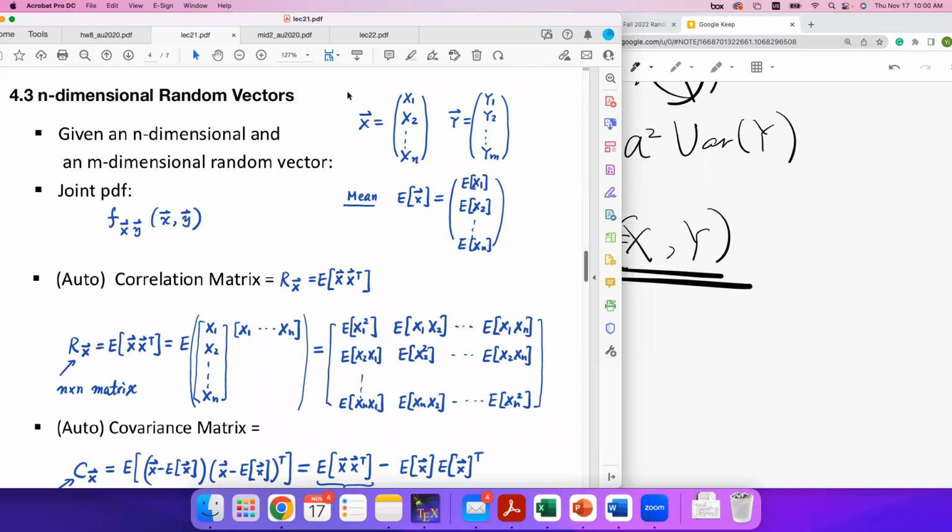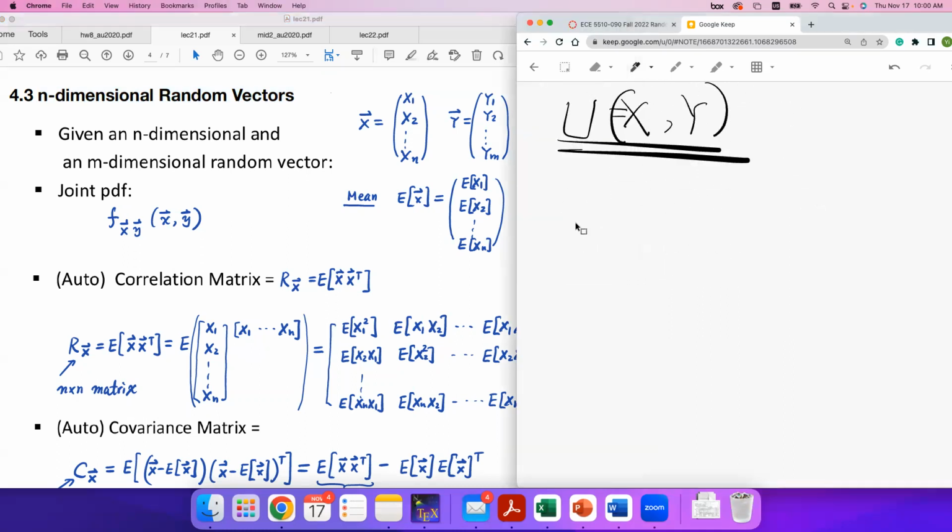Although the notation looks a bit complex, I think all these concepts follow exactly the same idea, except that we are dealing with more random variables at the same time. So let's develop the concept of n-dimensional random vectors.